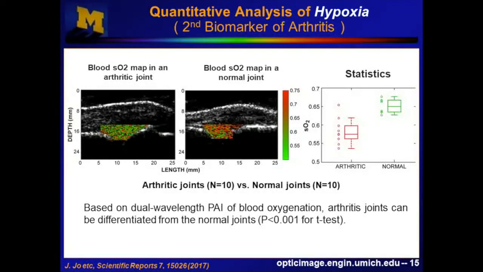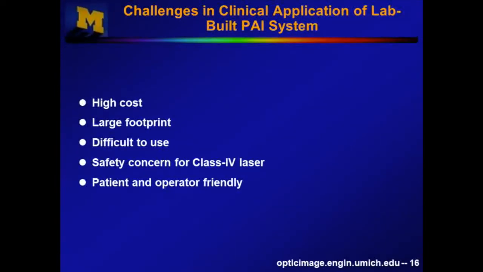We have also performed statistic studies for the arthritis group and the normal group. As you can see, the photoacoustic image is able to differentiate the two groups by measuring the blood oxygen saturation in the joints. This is the second parameter for us to differentiate the arthritic joints from the normal joints.